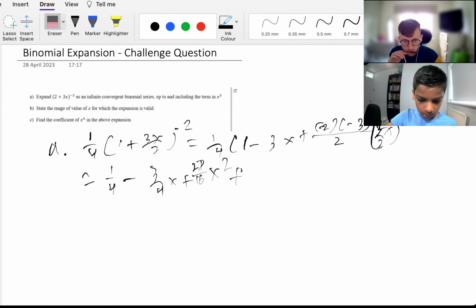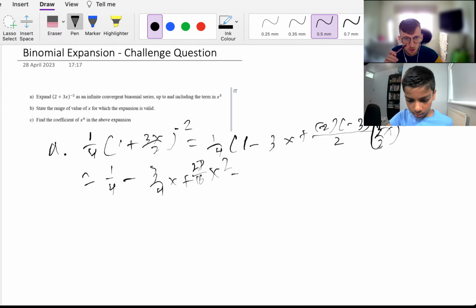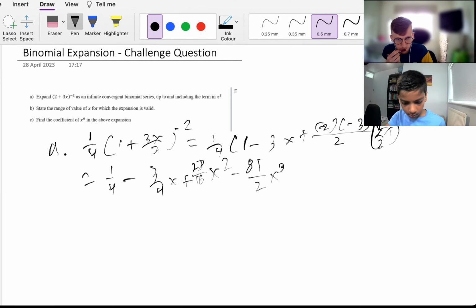So that is minus 2 times minus 3 times minus 4 over 3 factorial times 3 over 2 cubed, yeah. So that's minus 81 over 2 x cubed.